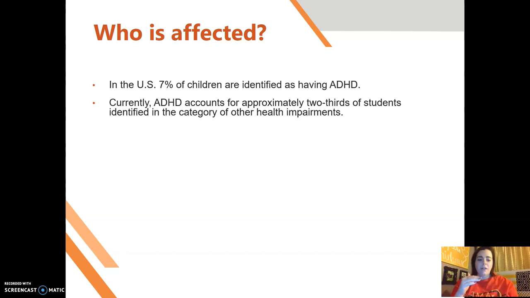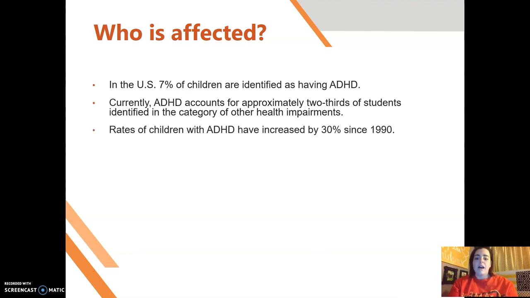So all those other health impairments that we talked about, like asthma, ADD, hemophilia, those things, ADHD takes up 2/3 of all of those options. So that's quite a lot. The rates of children with ADHD has increased by 30% since the year 1990. Boys are 3 times more likely to experience ADHD than girls are.